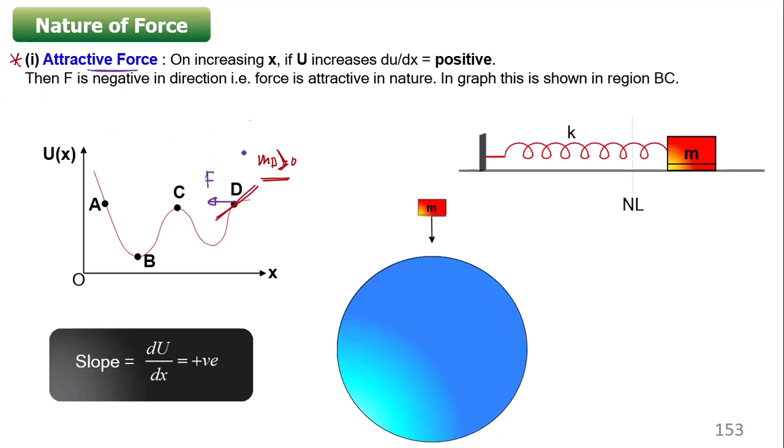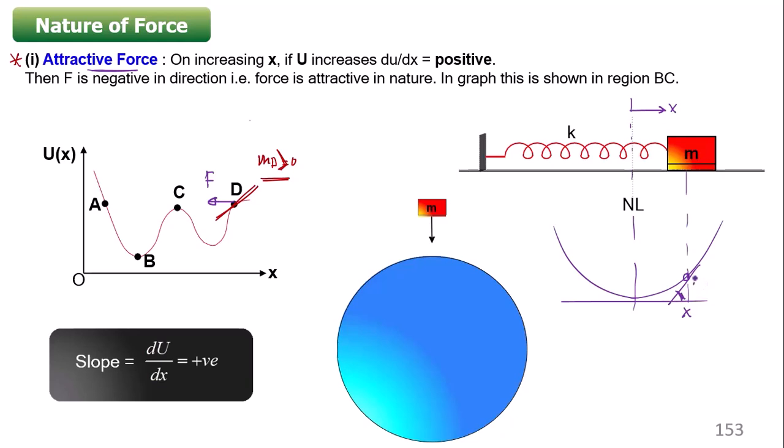I am giving some examples. Let us say you are displacing the mass from the natural position by a distance of x. Now at this position, if I draw the potential variation, this is the potential variation and this is the x location. At this point, I know the slope is positive.